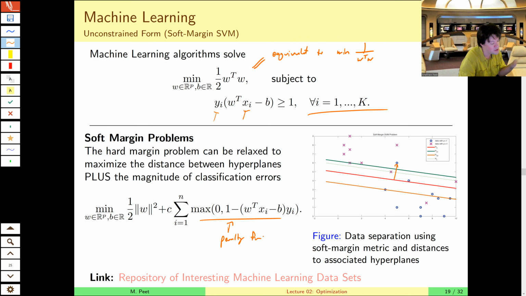Remember, objective functions can have multiple parts. We may be interested in the distance, but we can also allow for other terms in the objective if we include a weighting on that objective. So this is a penalty for a misclassified data point.